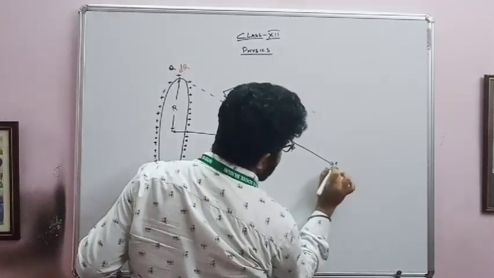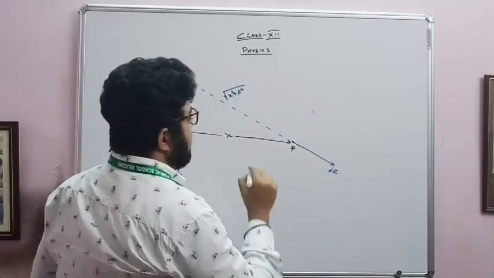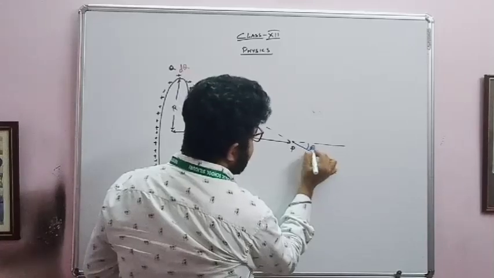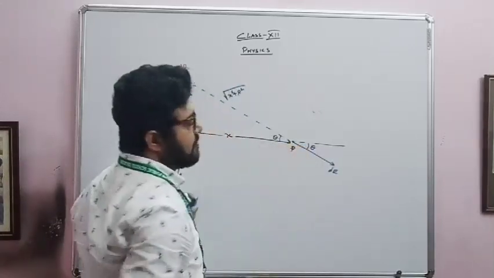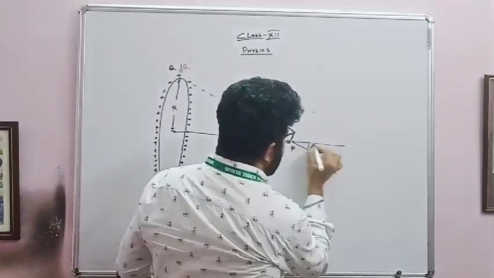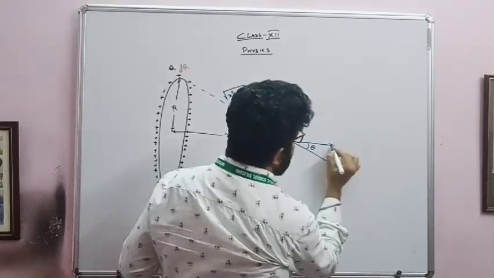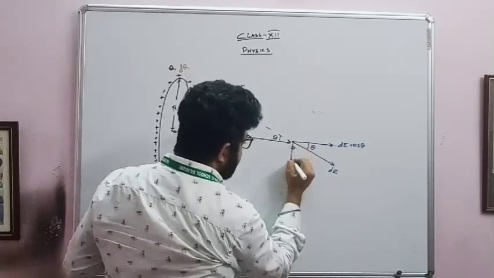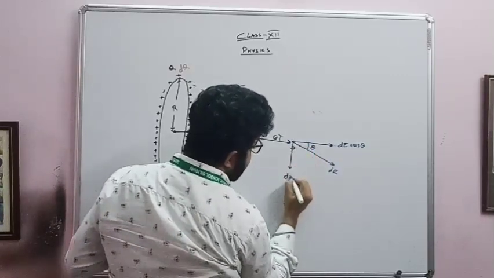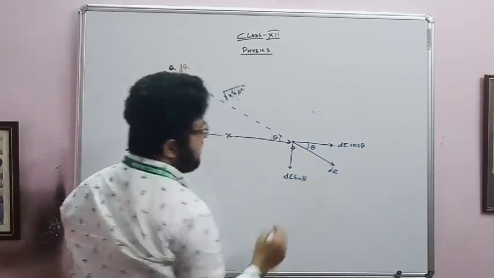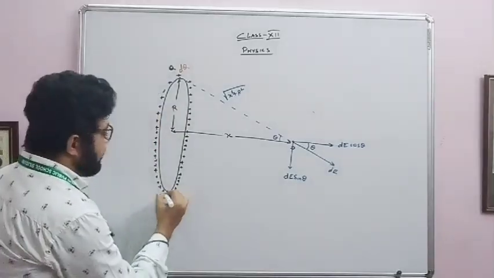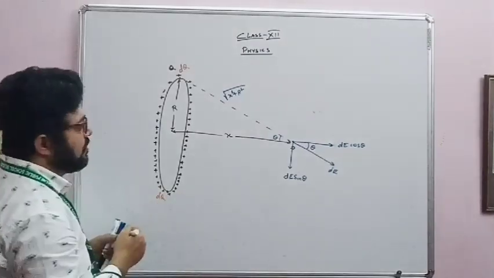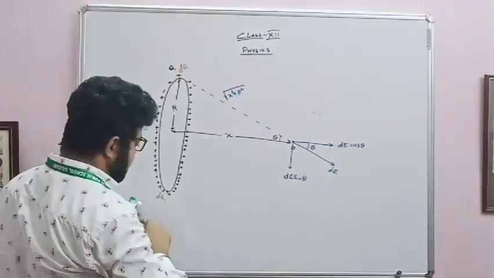This is the direction of the electric field, this is the axis, so let this angle be theta, and we can suppose this angle is also theta. Now we all know along the base is cos, so we can write dE cos theta, and this is perpendicular to it, so we write dE sin theta. Similarly for the lower one, if we consider a dq amount of charge, what happens?